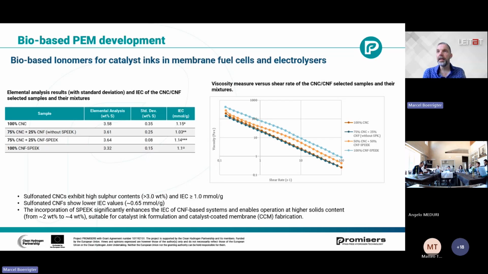That's why we did a combination, and the combination which was performing best was 75% of CNC and 25% of CNF for the inks. Also the incorporation of SPEEK enhances the IEC, because SPEEK also has sulfonated groups, and it enables us to operate at higher solid content, up to 8%.